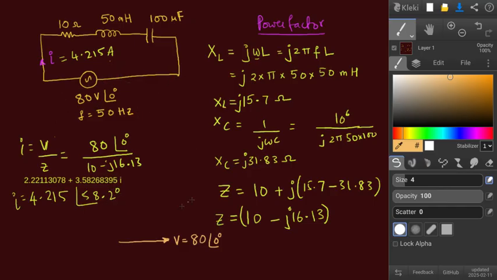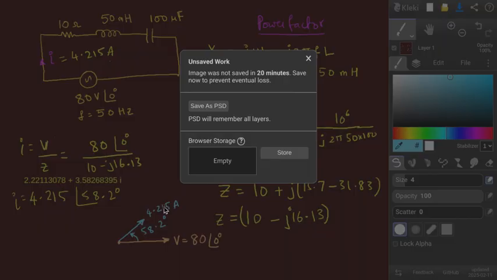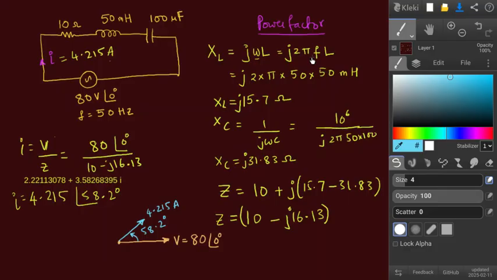Now the current, let me change the color. 4.215 amperes and this angle is 58.2 degrees. So this small diagram at the bottom of the screen is the vector diagram for this circuit, because we have one voltage and one current.